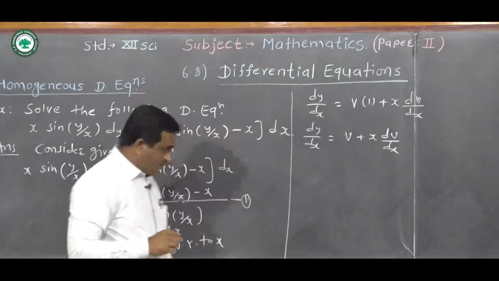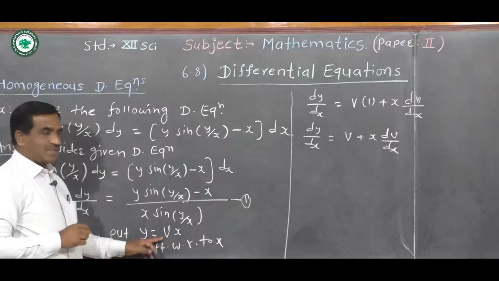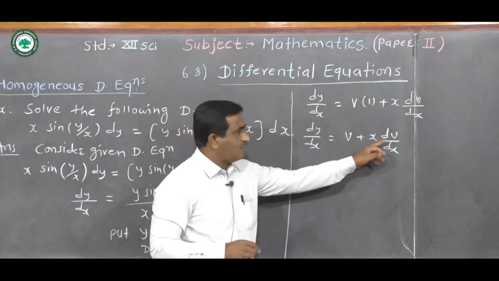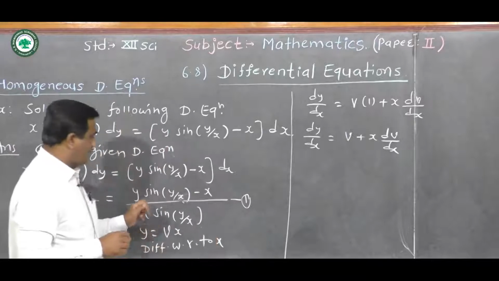Now put these two values, that is y equal to vx and dy by dx is equal to v plus x into dv by dx, in equation first.